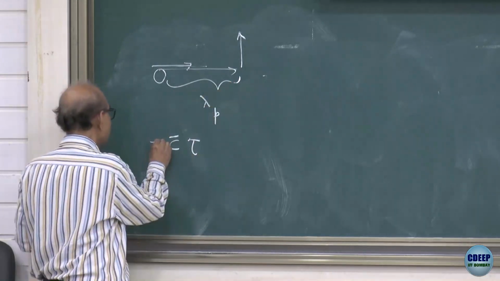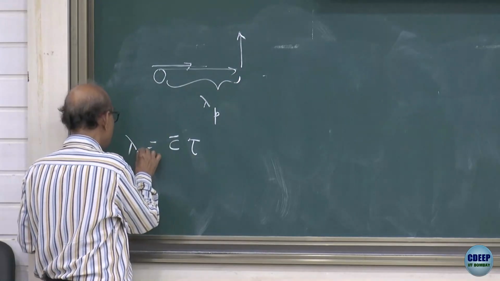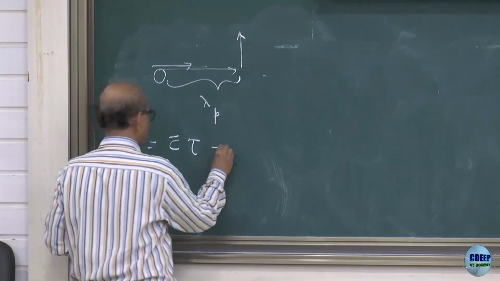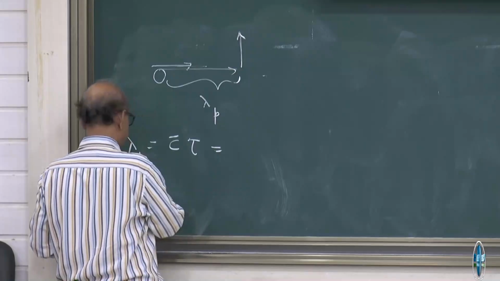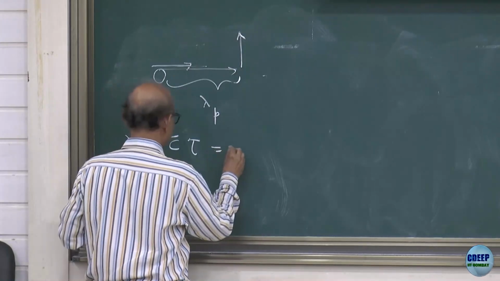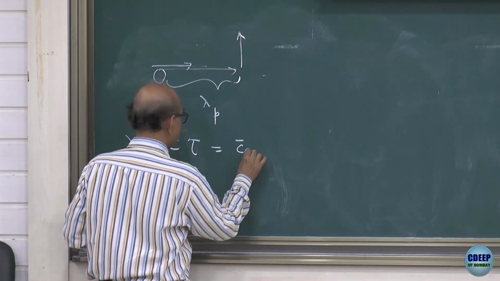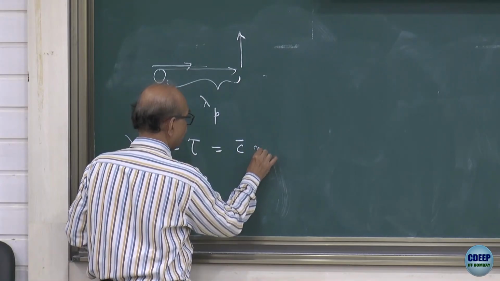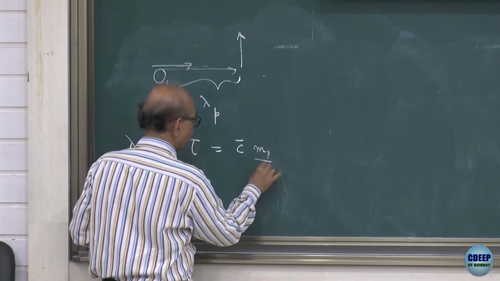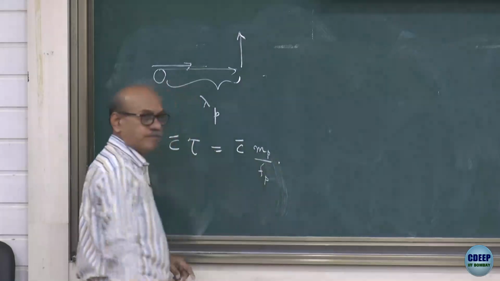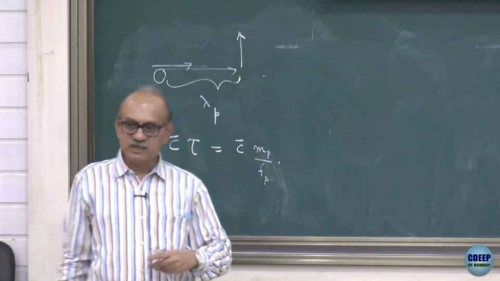So, this actually will be a simple model of the Brownian relaxation length. So, you can say tau is what? Right? Tau is mass by friction coefficient.